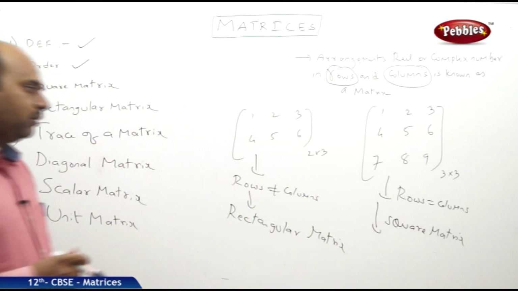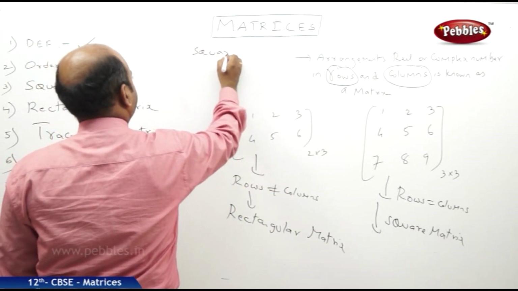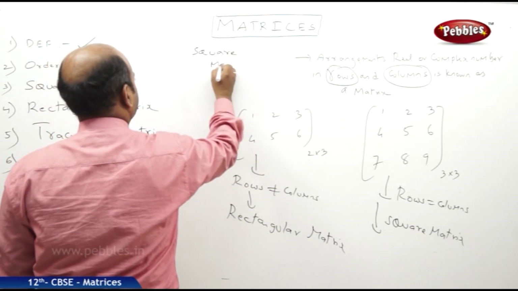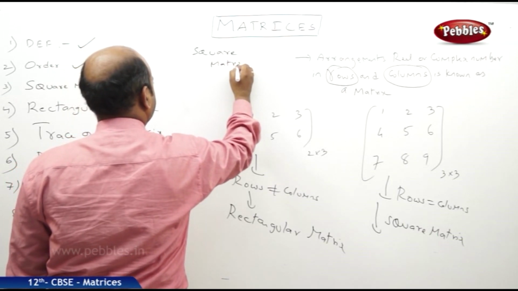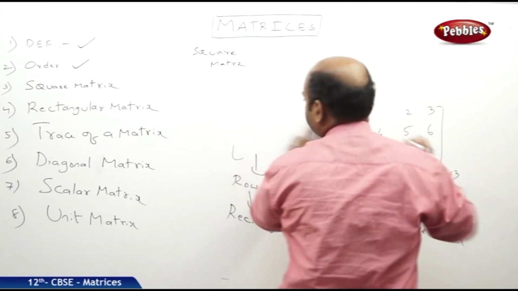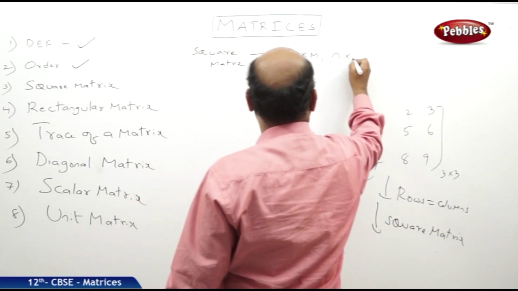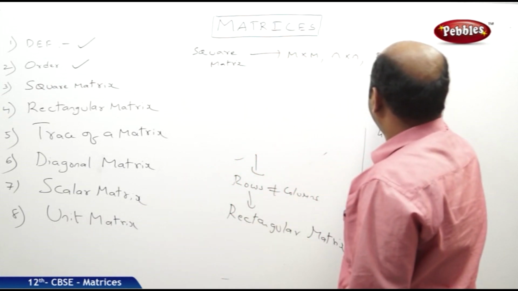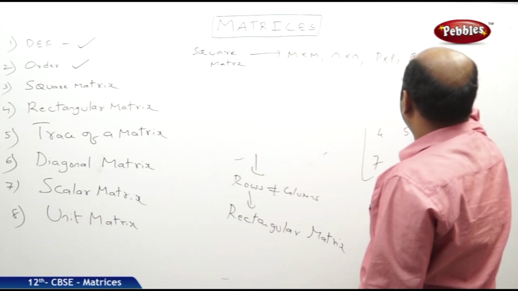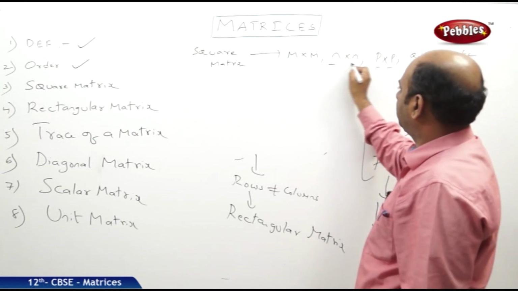So the order of a square matrix is generally denoted as M by M, N by N, P by P, Q by Q, etc. That means both row and column should be equal.